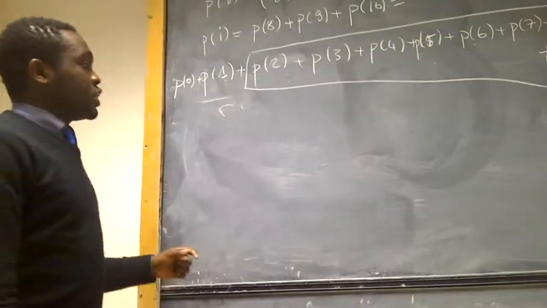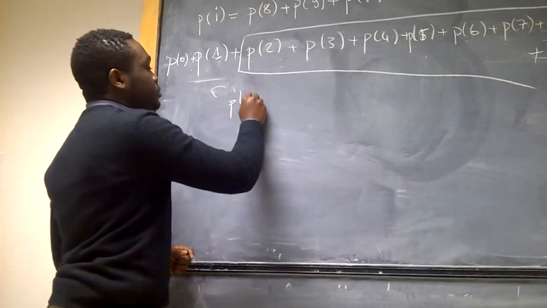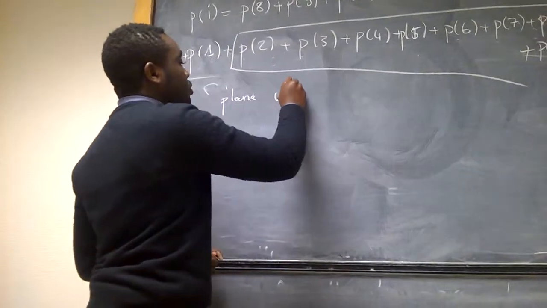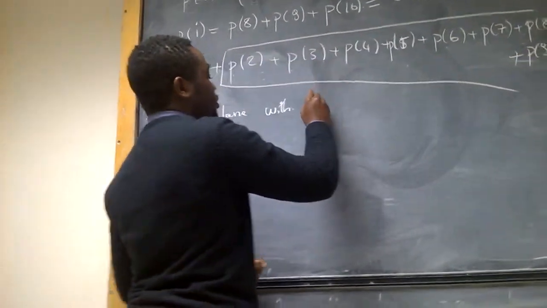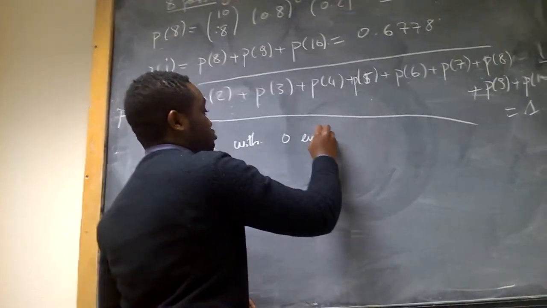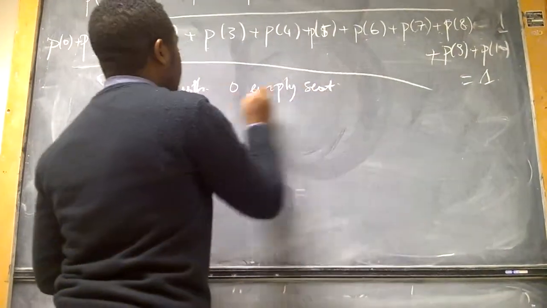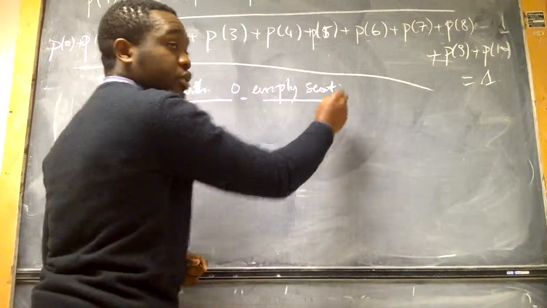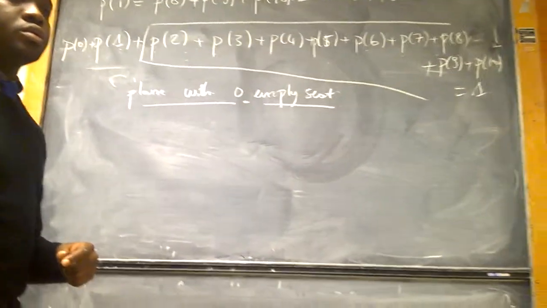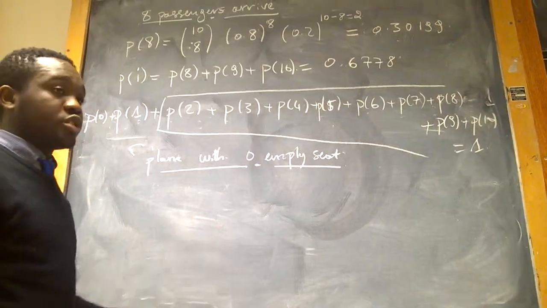Okay, let's calculate the probability of the plane with no empty seats. Can we work out that in part 1? We worked out in part 1.